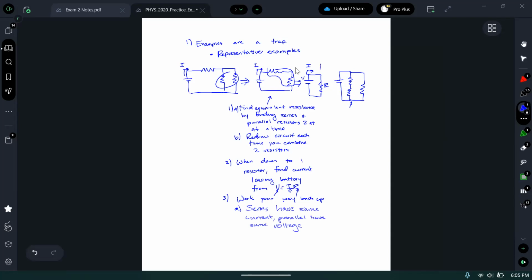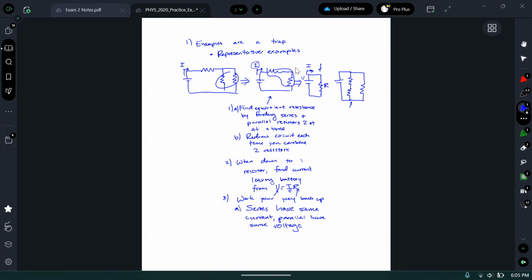So if I'm starting from the simplest circuit and working back to the slightly less simple circuit before it, I know that since these two resistors were in series, they're going to have the same current as each other, and that's going to be the same as the current through their equivalent resistor. In other words, this current right here is what's happening through both resistors.